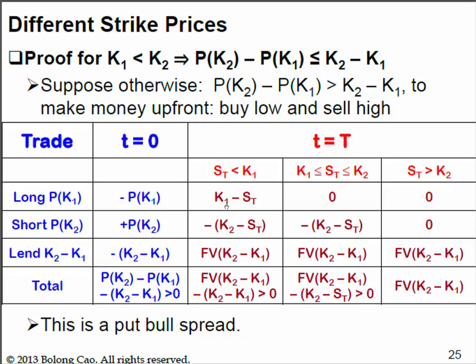Now we're talking about a bull spread. The bull spread, the payoff is reversed. So you actually have the negative of K2 minus K1. And then what we're looking at for the total payoff is the future value of the difference in the strikes minus the difference in the strikes. As long as the interest rate is non-negative, this should be a positive number or at least 0.